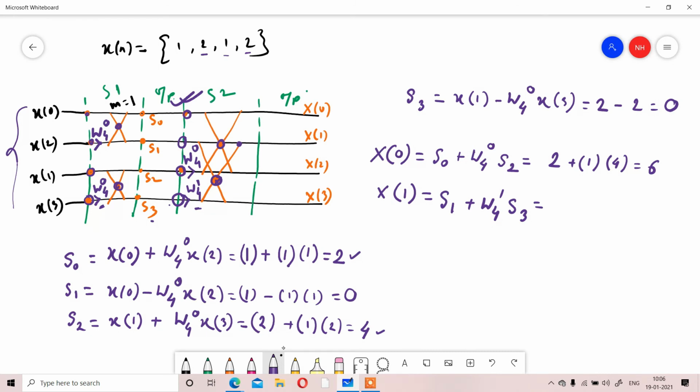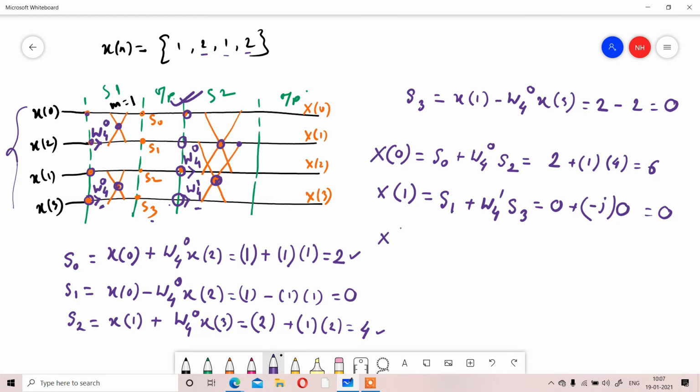So replace all the values. S1 value is 0, plus W41 value is what? Minus j, right? W41 value is minus j, multiplied by S3, value of S3 is also 0, so it will be 0.